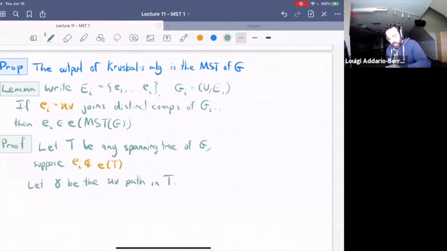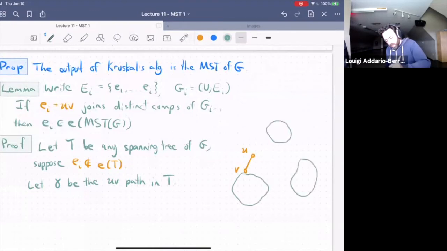Okay, so what's the picture? Here's the edge UV. Now I'd like to draw the components of the graph GI.